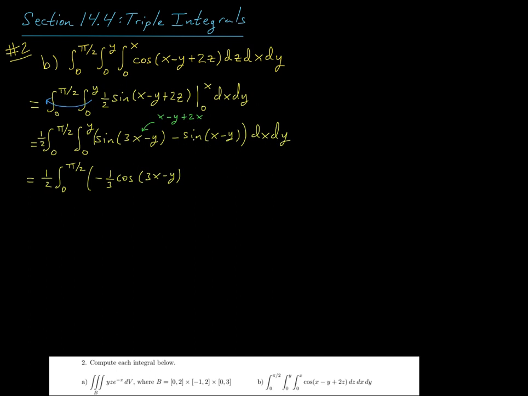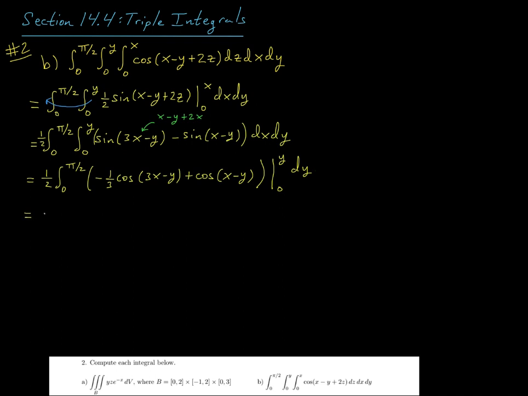And then here I'm integrating minus sine of x minus y with respect to x, so that would be a plus cos of x minus y. Notice the chain rule factor would be 1 because of the 1 in front of the x, so we're good there. And then we're going to evaluate all of that as x ranges from 0 to y, and then we have our dy.